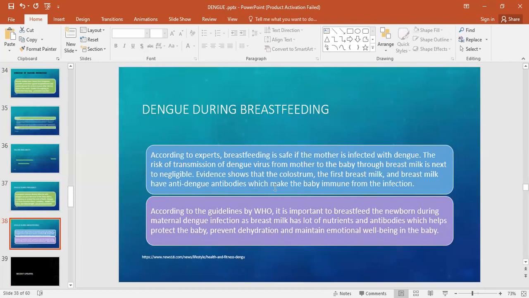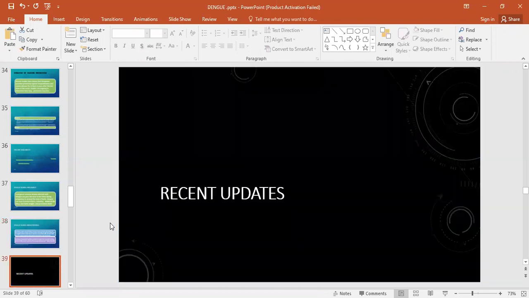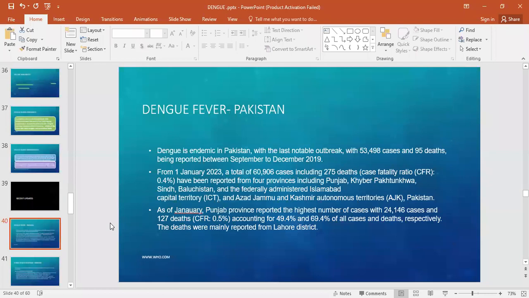Evidence shows that the colostrum, the first breast milk, and breast milk have anti-dengue antibodies which make the baby immune from the infection. According to the WHO guidelines, it is important to breastfeed the newborn during maternal dengue infection, as breast milk has lots of nutrients and antibodies which help protect the baby, prevent dehydration, and maintain emotional well-being in the baby. Now it's time for the recent updates.